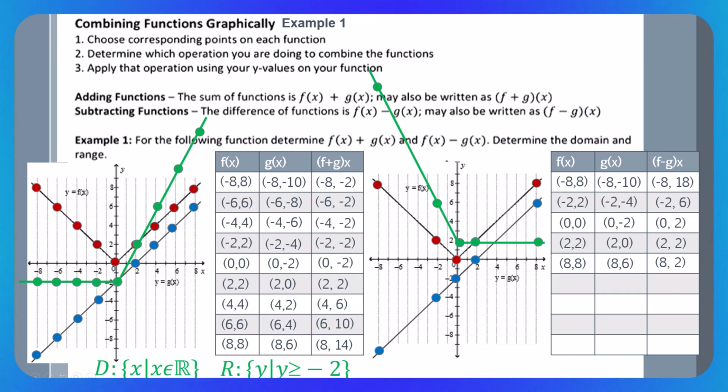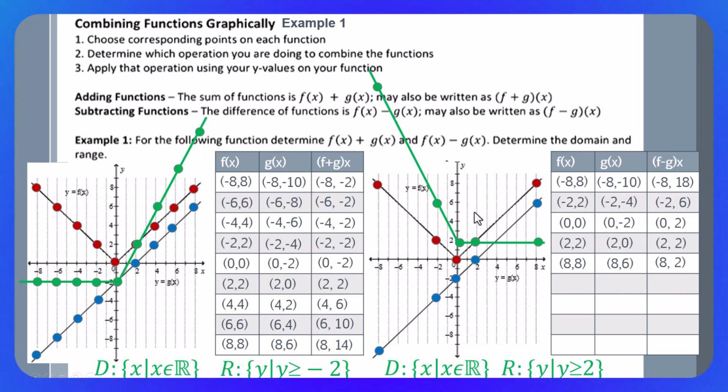And then our range is y, and our y values are greater than or equal to -2, so they go up. For this combination with subtraction, our domain is x, again, any real number, and our range is y, such that y is greater than or equal to +2.